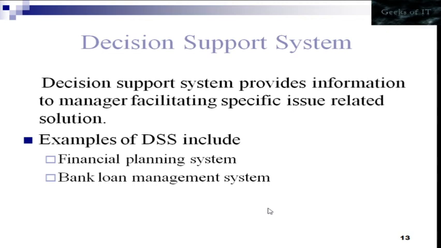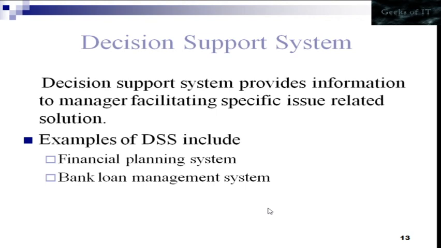Decision support systems are used by senior management to make non-routine decisions, and decision support systems use input from internal systems, that is the transaction processing system and the management information system, and also from external systems. The main objective of a decision support system is to provide solutions to problems that are unique and change frequently.